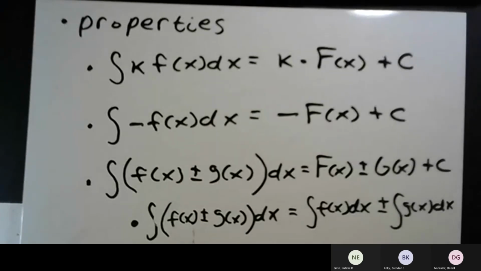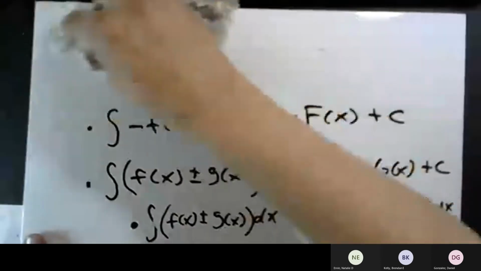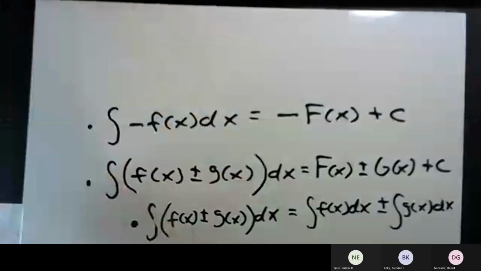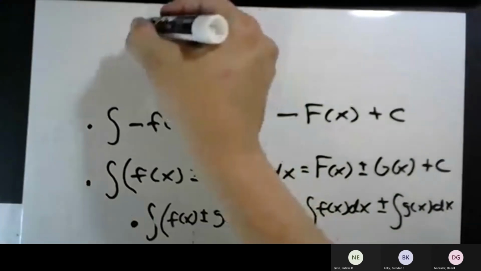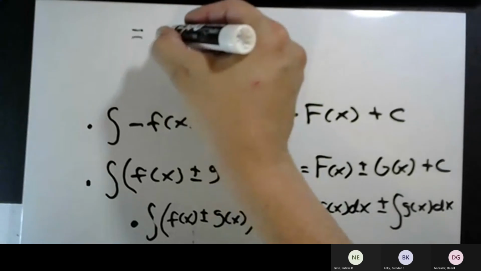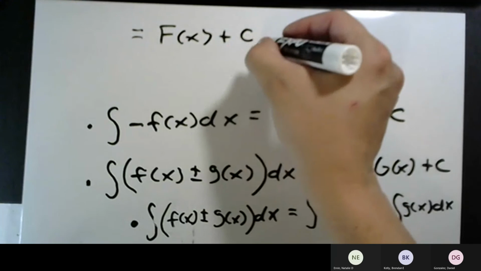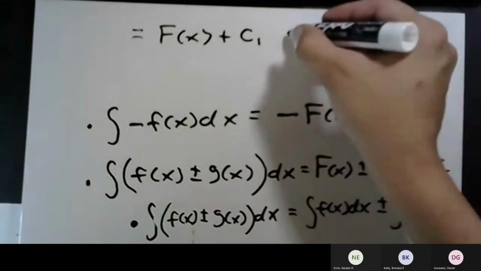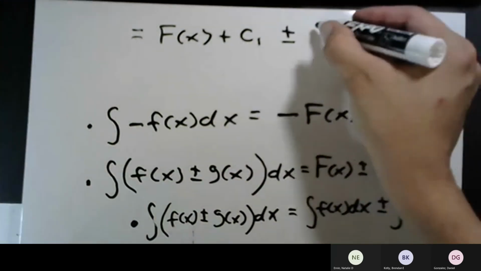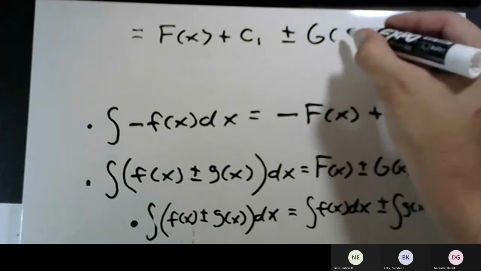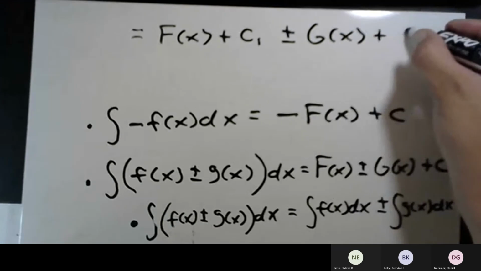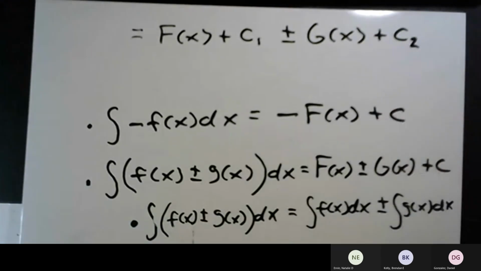Now, what typically happens with integrals or antiderivatives is we'll write capital F of x plus its constant, plus or minus capital G of x plus its constant, which we'll call C2.